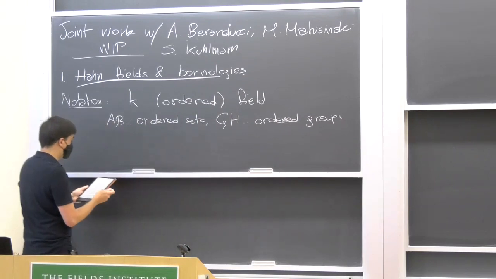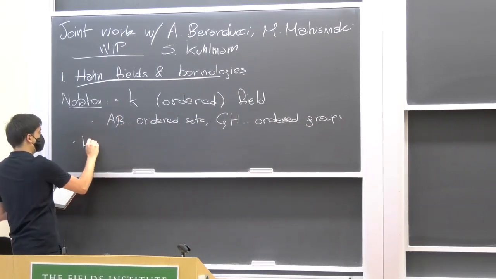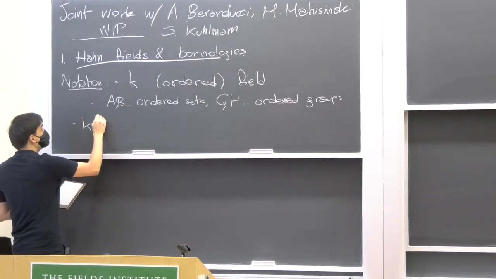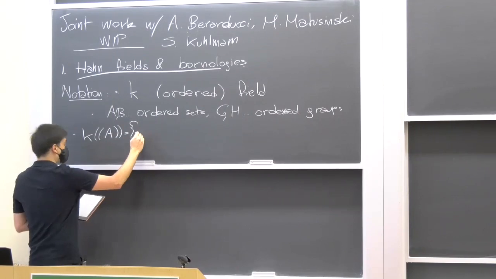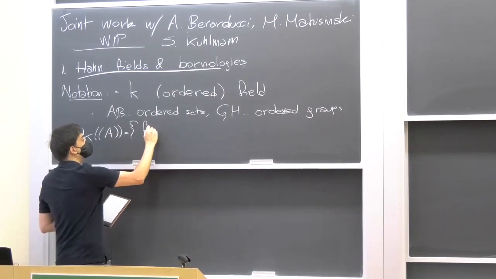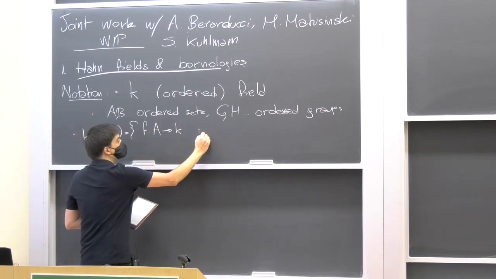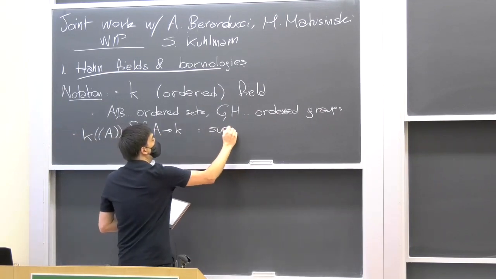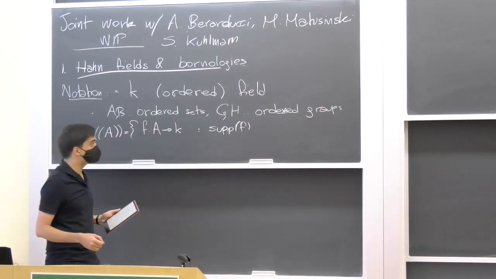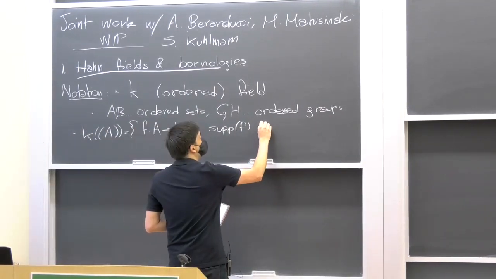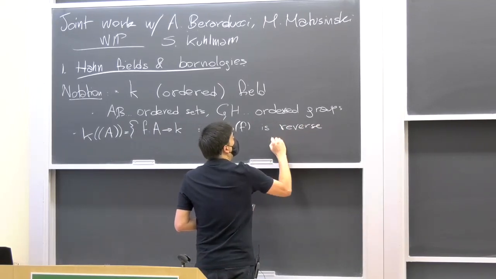And when I write K double bracket A, I mean all the functions from A to small k such that the support of the function, so the points where the function is not 0, is reverse well ordered.